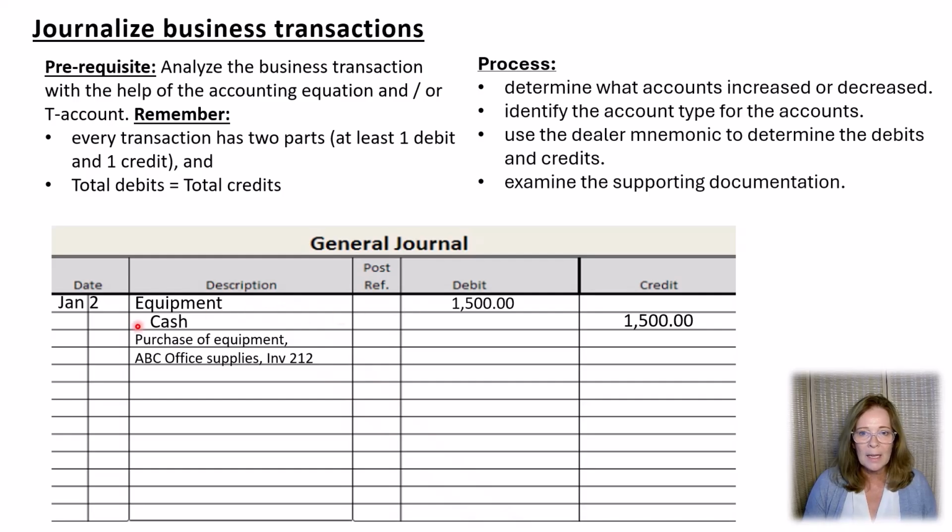On the second line, you slightly indent and enter the account name of the credit transaction into the description column. Then enter the credit amount into the credit column. And finally, enter a short but concise description on the third line into the description column. Let's practice this concept with the help of Eli's Consulting Services.